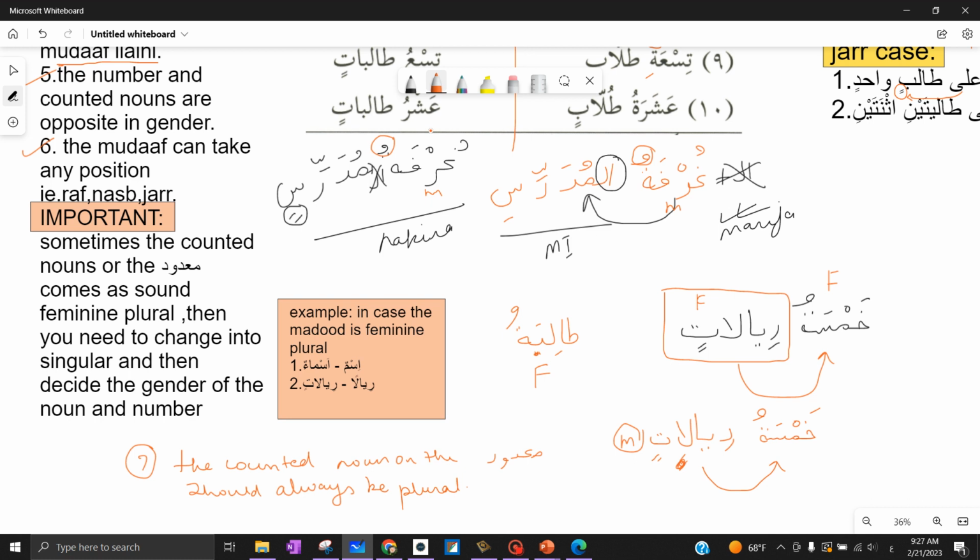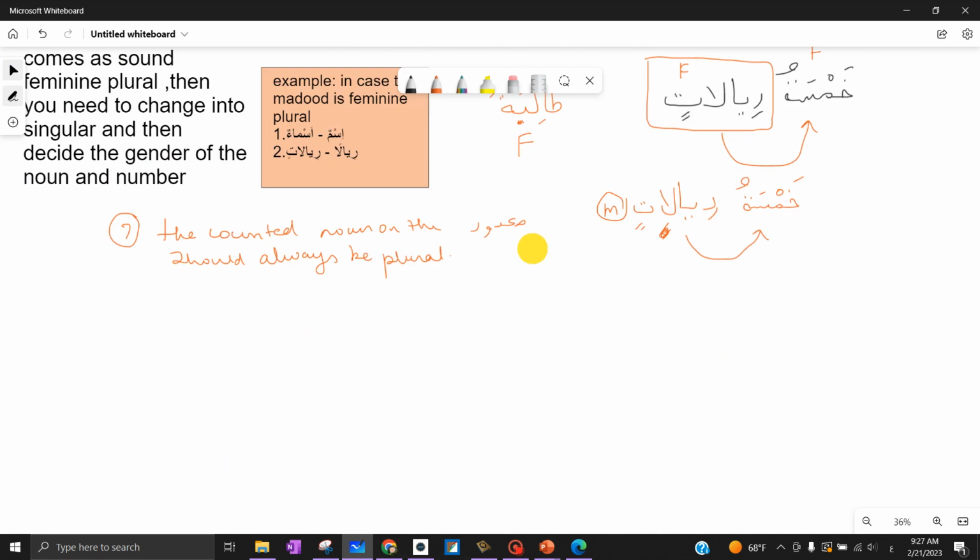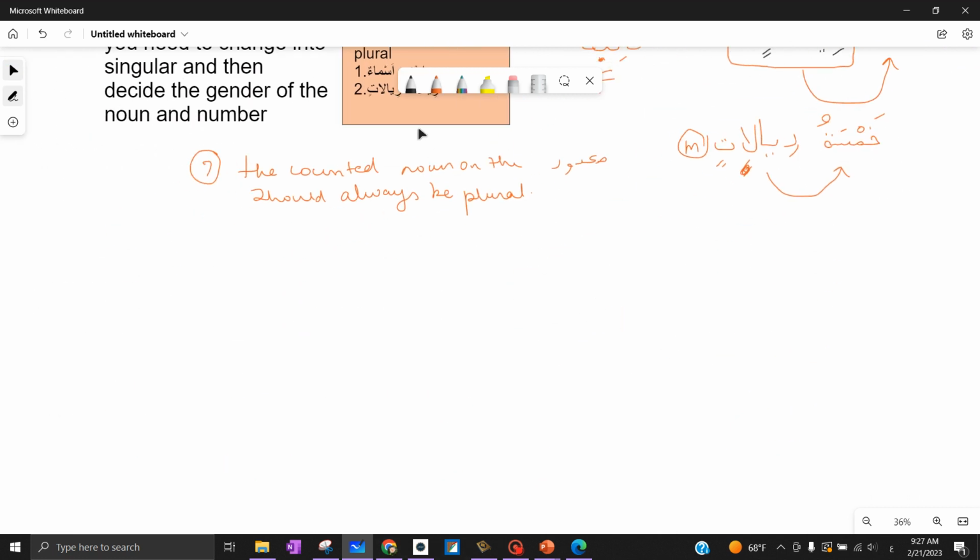Now, the point that I wanted to discuss is how you should decide the numbers whenever you get a number and you have to write it in letters, as number names. Whenever you get a number, how will you decide the gender?